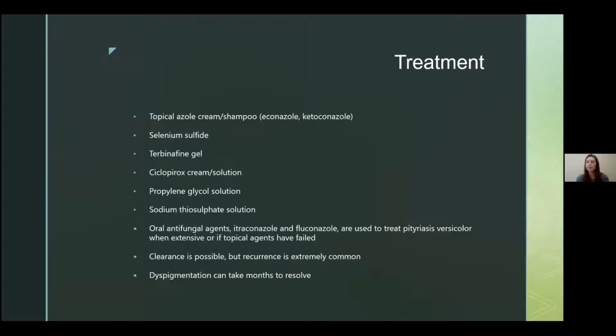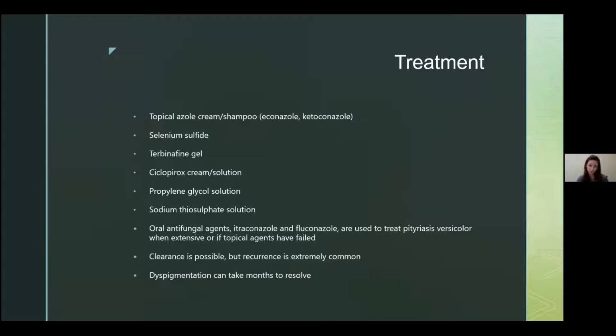The other important thing to note is that when this condition is actually active, that's when you see the little scale surrounding these spots. So a lot of times you'll see a patient back, say after 2 or 3 weeks of treatment, and they come back and they still think that the condition is active because they still see the discoloration or the spots.